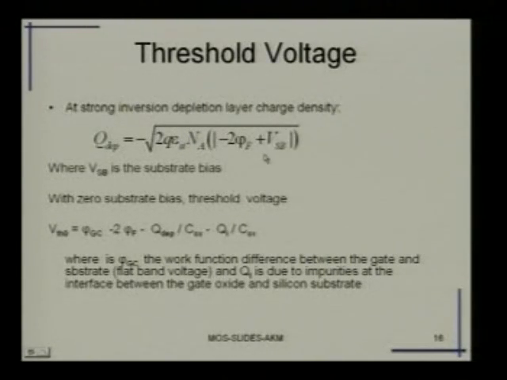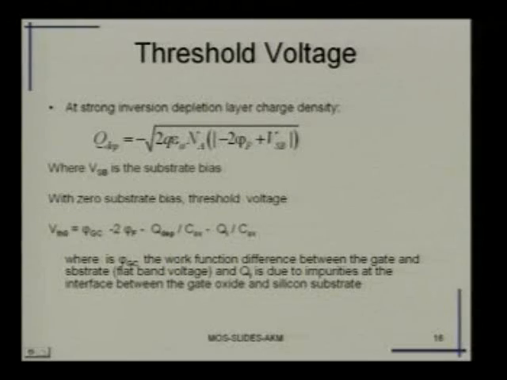In the expression, this VSB is normally 0, but you can control the threshold voltage by applying a suitable source to substrate voltage. So if the source and substrate are not tied together, then we can control the threshold voltage.